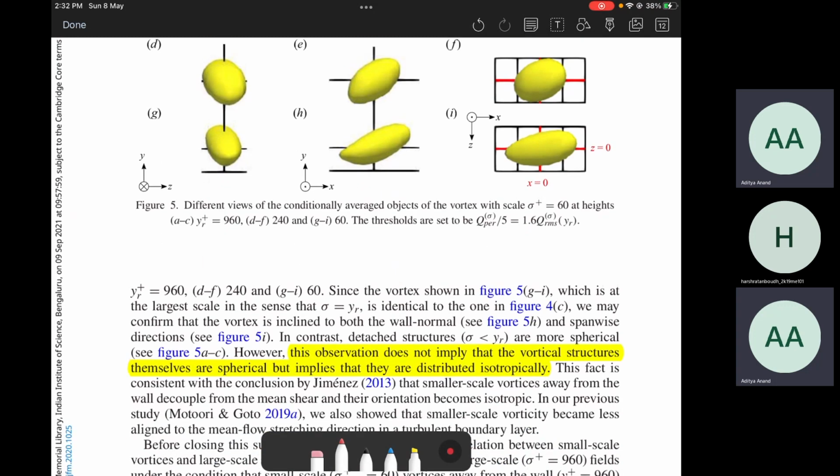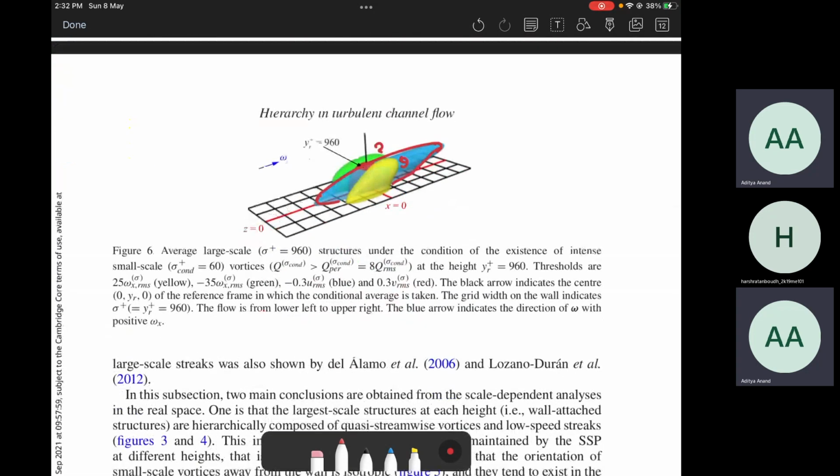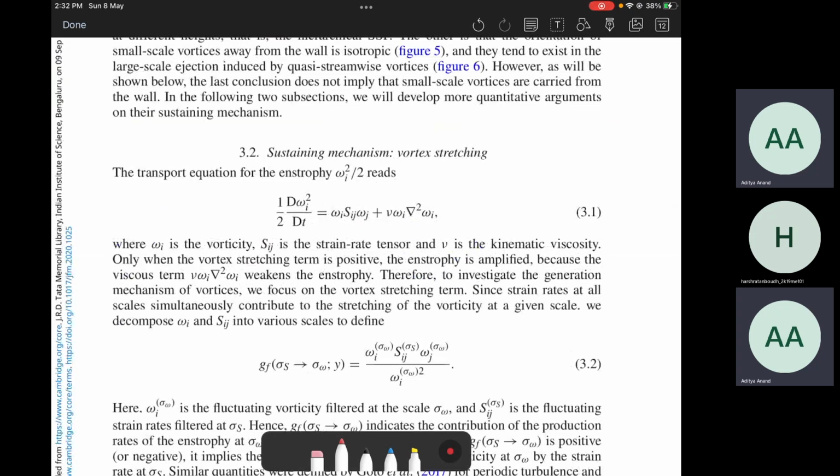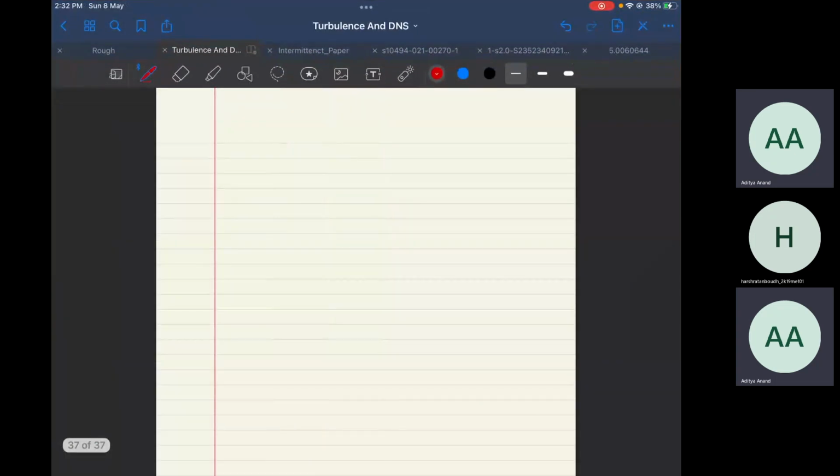That was the shape and size of structures that are present in the flow. Next, what they have done is, like I said, when you filter your velocity field... If you remember, in the turbulence lecture, we decomposed the instantaneous flow into mean and fluctuating flow, and we wrote an equation for the mean momentum equation.